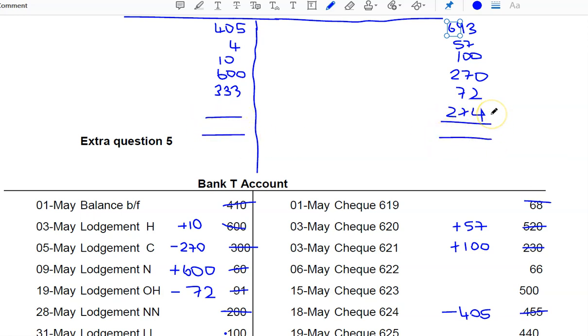Total them up. Plus 100 plus 270 plus 70 plus 274 is 1,466. Add up this side, 405 plus 4 plus 10 plus 600 plus 333.